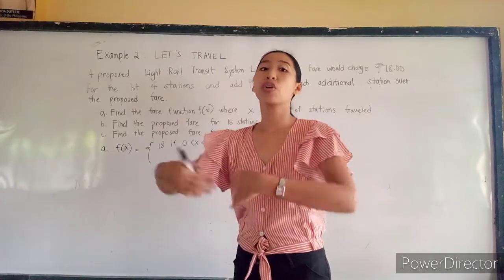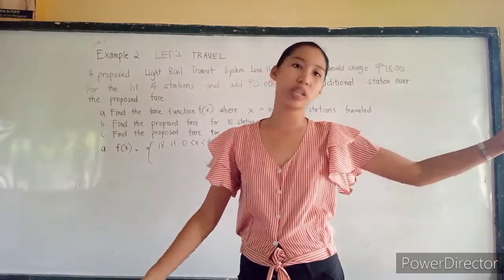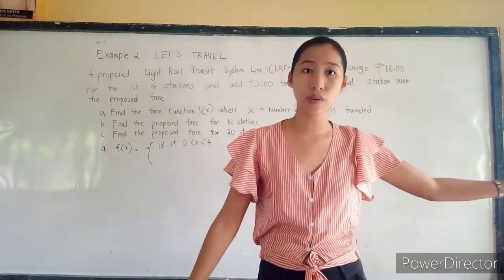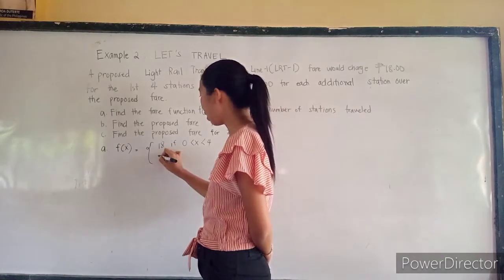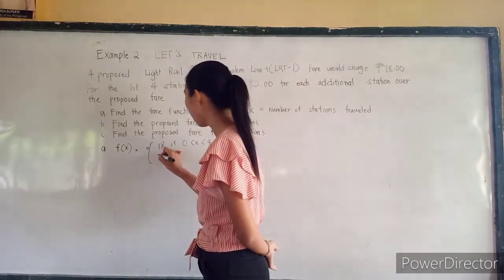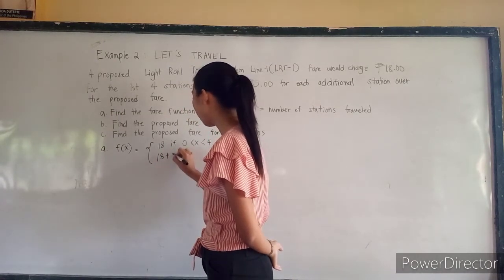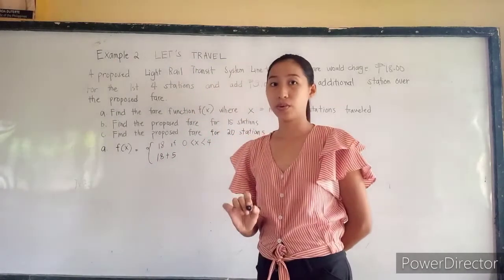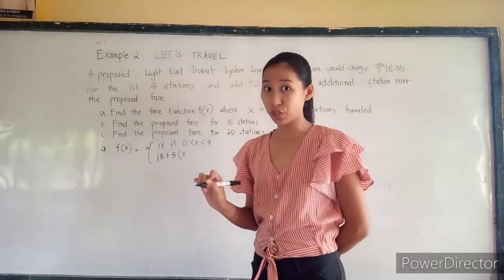But what if you're going to go to another station? So 5 stations, 6 stations, 7 stations, and so on. How are you going to do that? You're going to add 5 pesos per additional station. So that is going to be 18 plus 5 times your x, which is your number of stations.